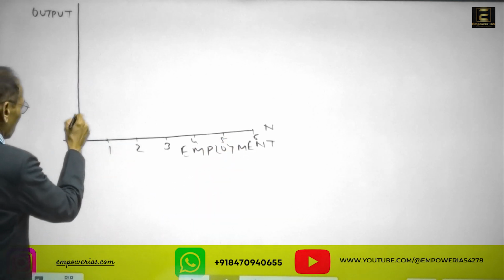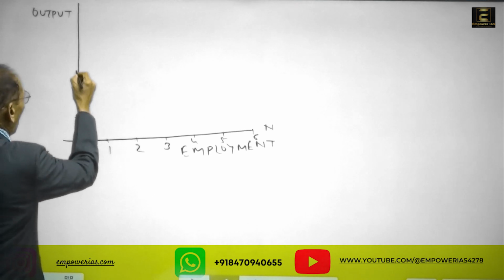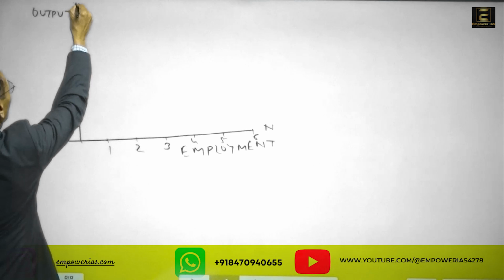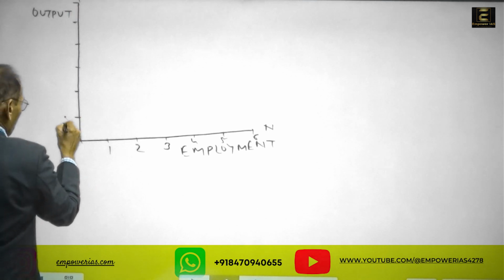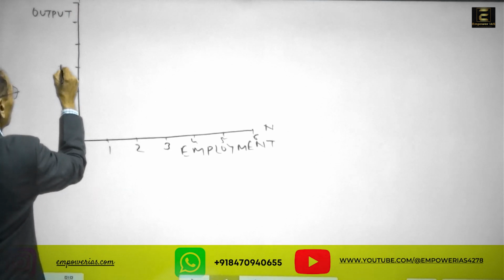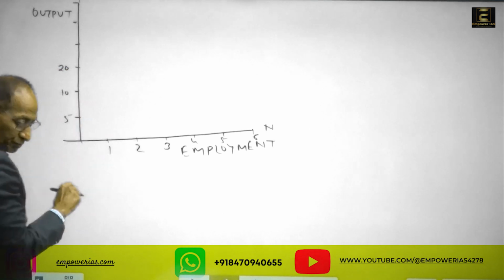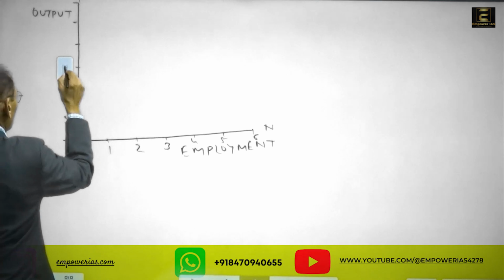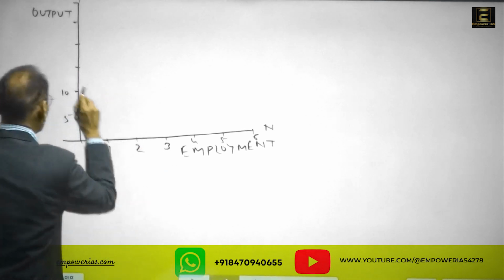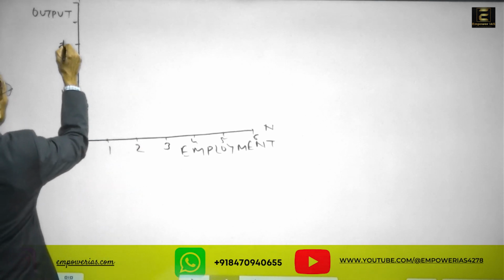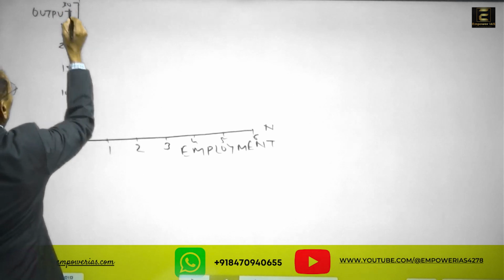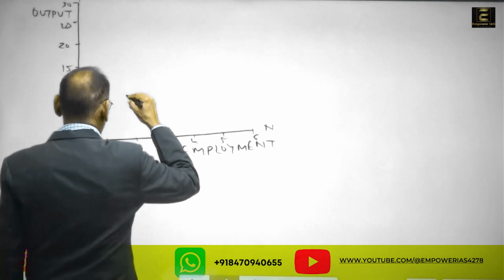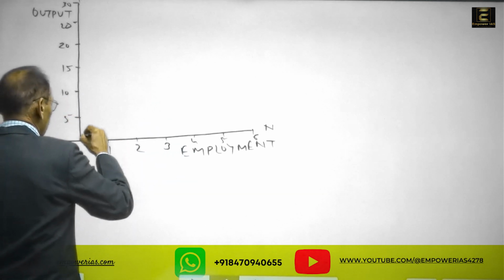Here we shall show output: 10, 15, 20, 25, 30. And approximately the curve will be like this.